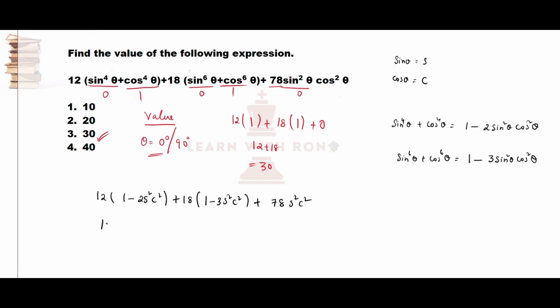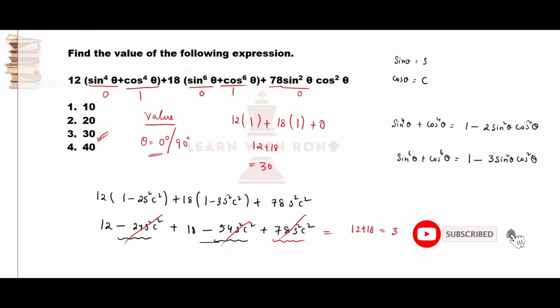If we expand this expression, 12 times 2 is 24 S square C square plus 18 times 1 is 18 minus 18 times 3 how much? 30 plus 24, 54 S square C square plus 78 S square C square. See here, minus 24 S square C square minus 54 S square C square. Total how much? 78 S square C square, right? We already have plus 78 S square C square. So all this gets cancelled. We finally are left with 12 plus 18, which is the value 30, again, which is option number 3.